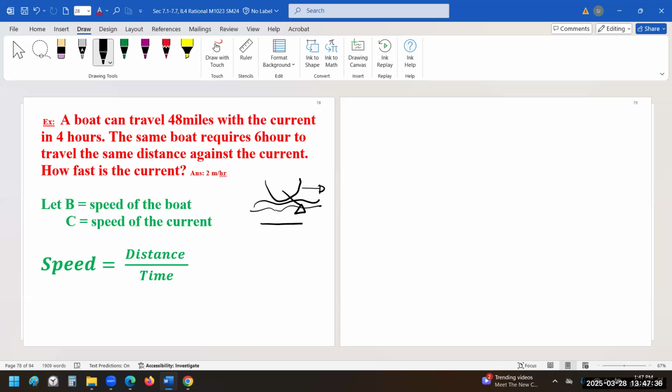So the speed of the current is going to one side, and your boat is going that way at the same time, and you're sitting somewhere here. When you go with the current, you're crossing 48 miles in 4 hours.